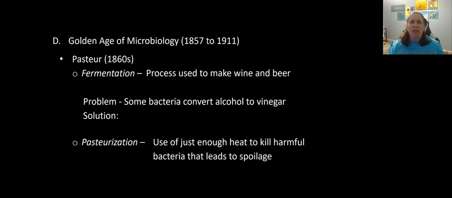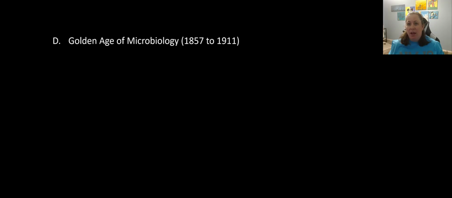Now, eventually, of course, some things will spoil like milk, but beer, especially wine, the longer it sits, a lot of times, the more rich the flavor is, as long as it's not contaminated. All right, and so pasteurization was what he contributed to this golden age.